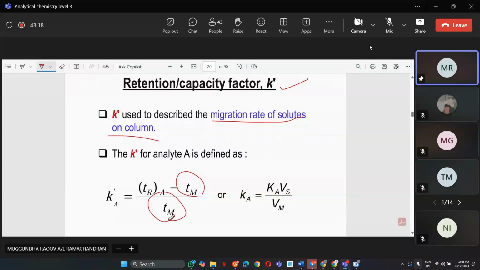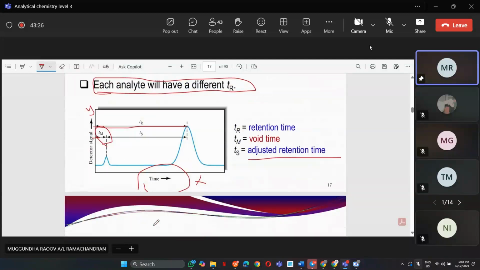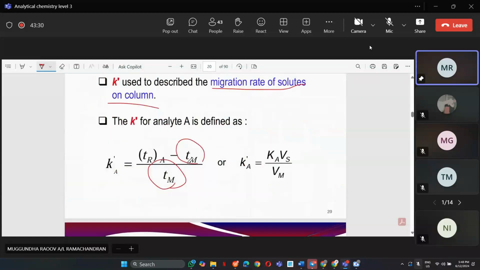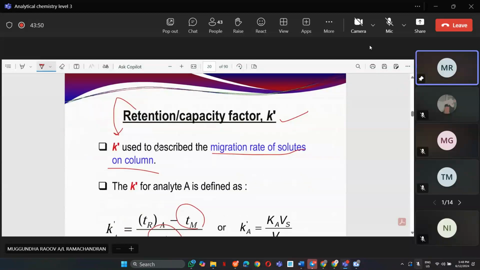Imagine this is A, and this is the retention time for A. You input all the values, including the TM value, to calculate the retention factor or capacity factor. Why do we need to calculate that? Because with the retention or capacity factor, we are able to describe the migration rate of the solute on the column.